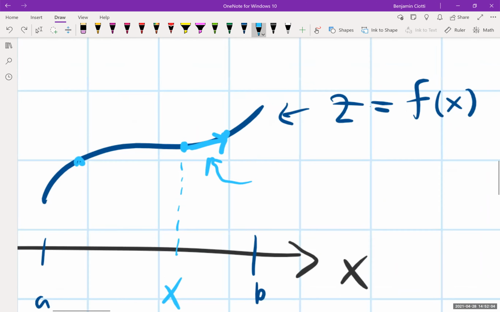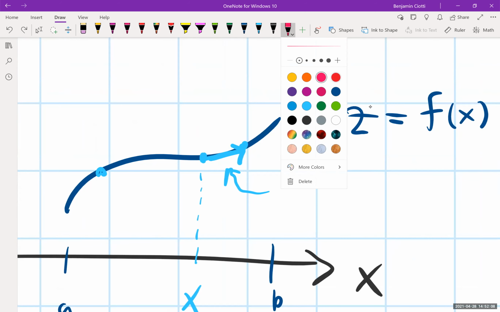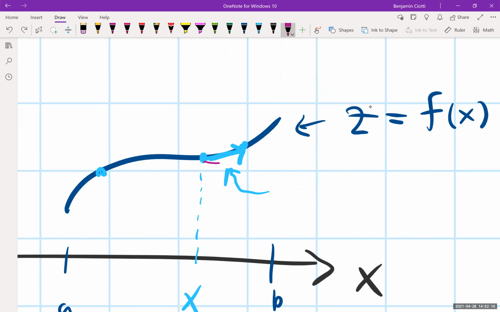And if I zoom in on this, I can draw a little triangle where the bottom side is, let's say, dx. The height is delta z, I guess I'm using z, but it's approximately f prime of x delta x.